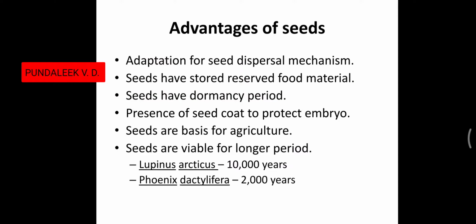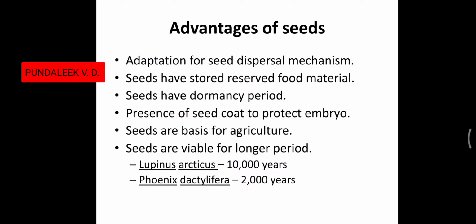If all seeds fall on the same area and the seedlings start growing there, they compete for nutrition for their development and growth. In order to reduce that competition, the seeds have to be dispersed from one area to another area.